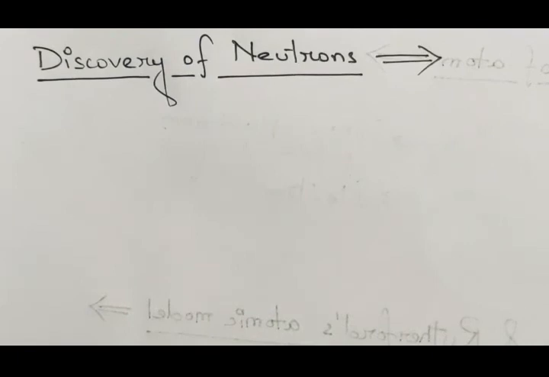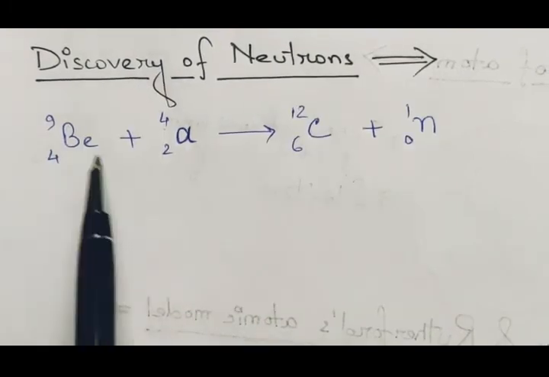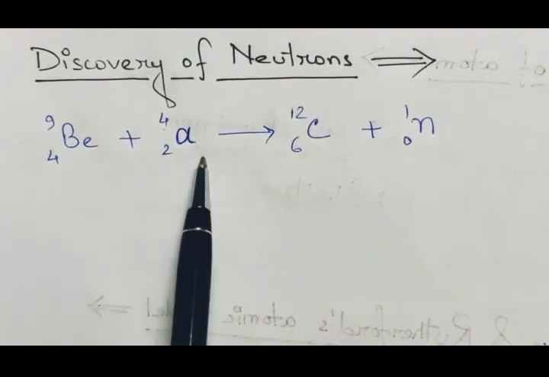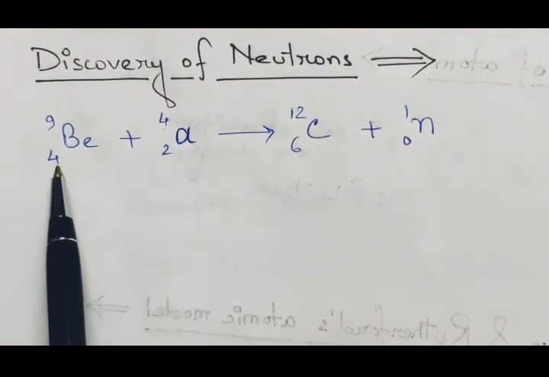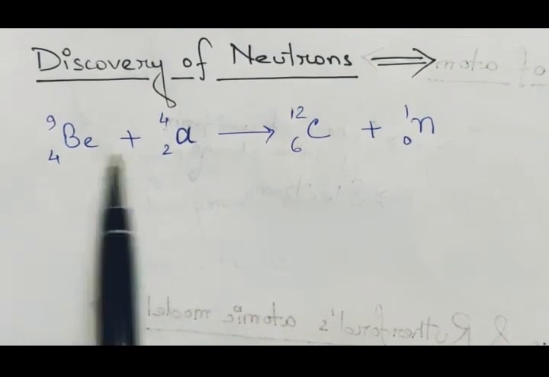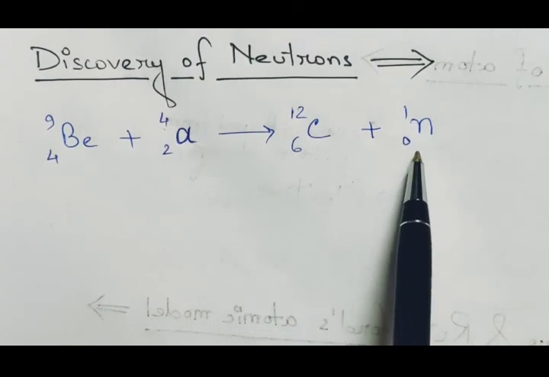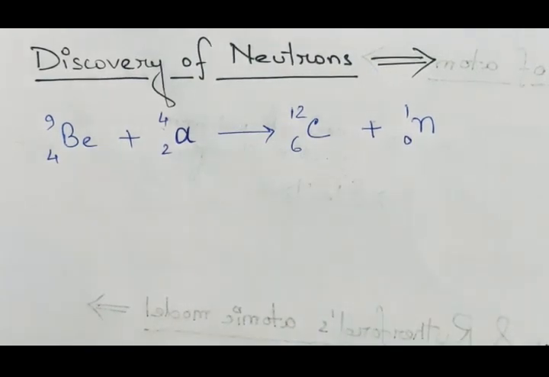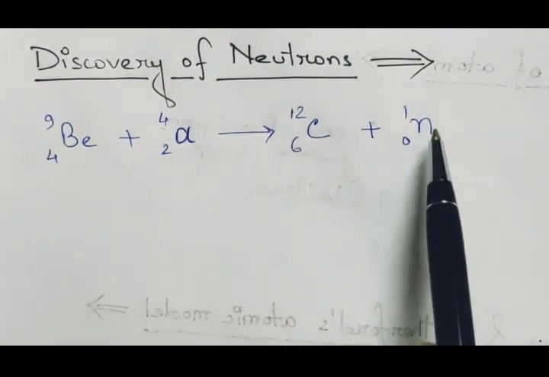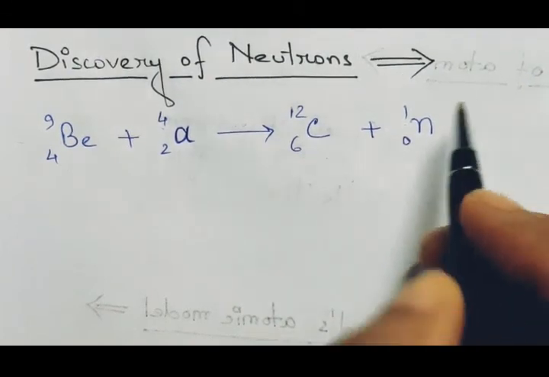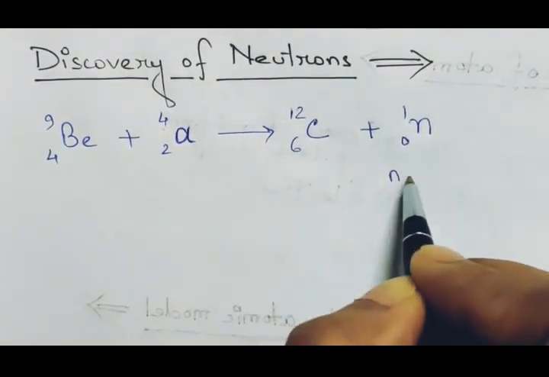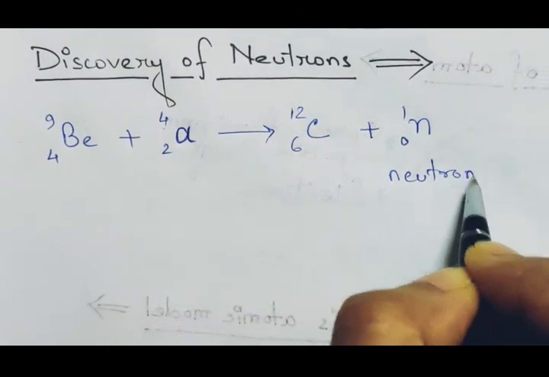In his experiment, he bombarded alpha particles onto light-weight nuclei like beryllium. So you can see here, on bombarding this light nucleus beryllium with the alpha particle, another element was formed and some chargeless particle was produced which had some mass. Clear? So this chargeless particle was named the neutron.